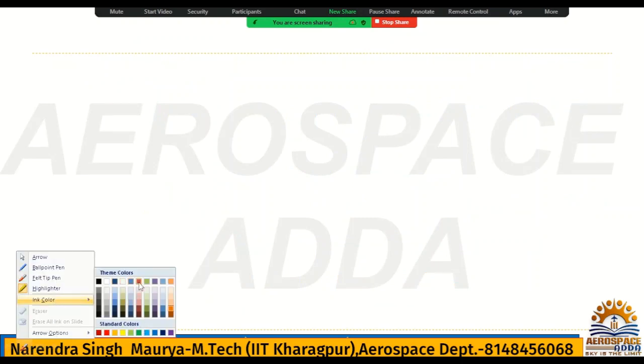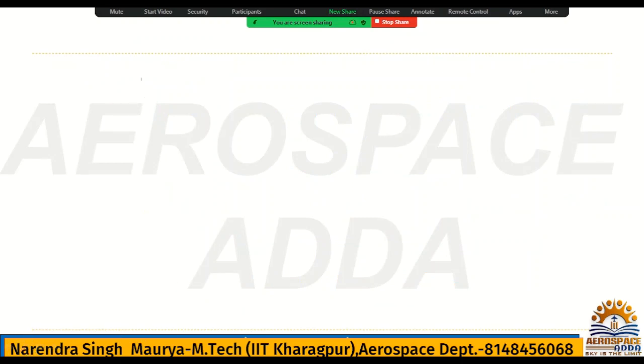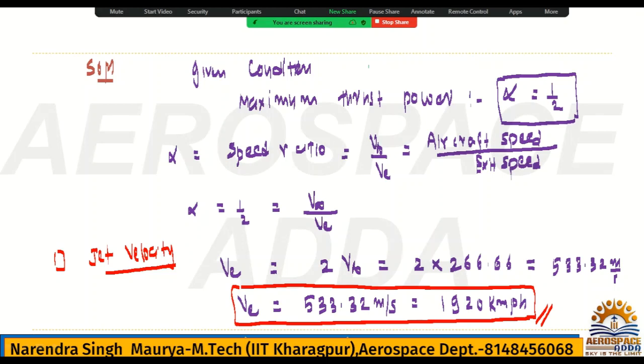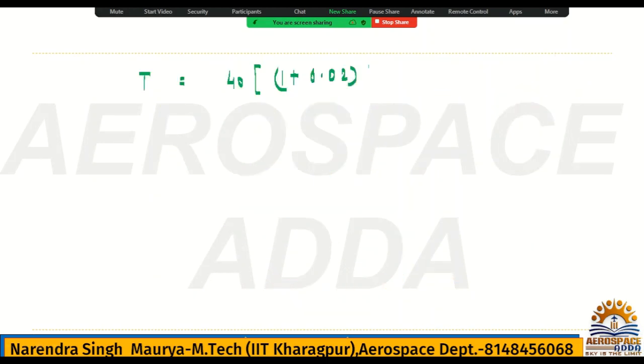Your thrust will be m dot a, which is given as 40 kg per second, 1 plus f, which is 0.02. What is the ve? You have seen ve is nothing but 533.32, minus 260.66, that is the v infinity, which is where the aircraft is moving.